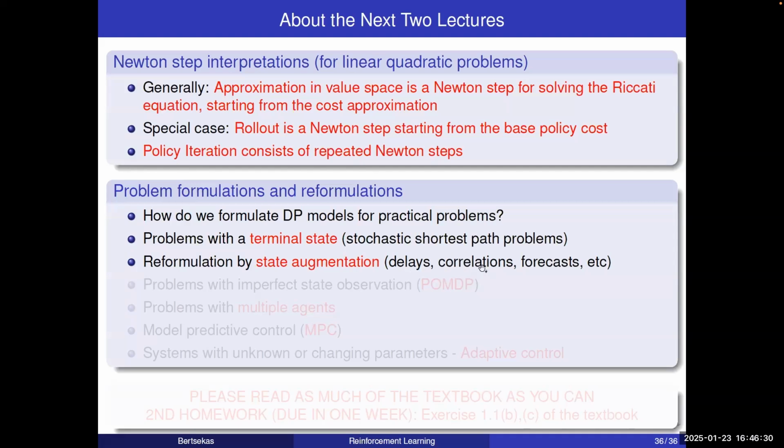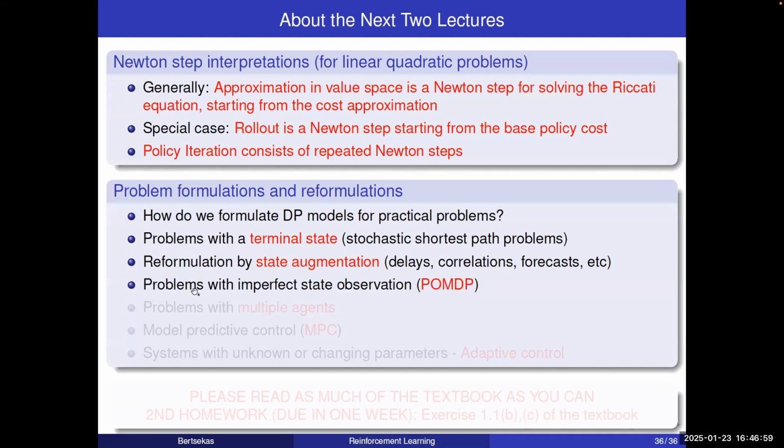What if the random quantities are correlated? How do we deal with this? What about, let's say we have some information that tells us what's going to happen in the future, that gives us an edge to perform control selection. How do we deal with this? All those things can be dealt with properly by using the state augmentation technique.